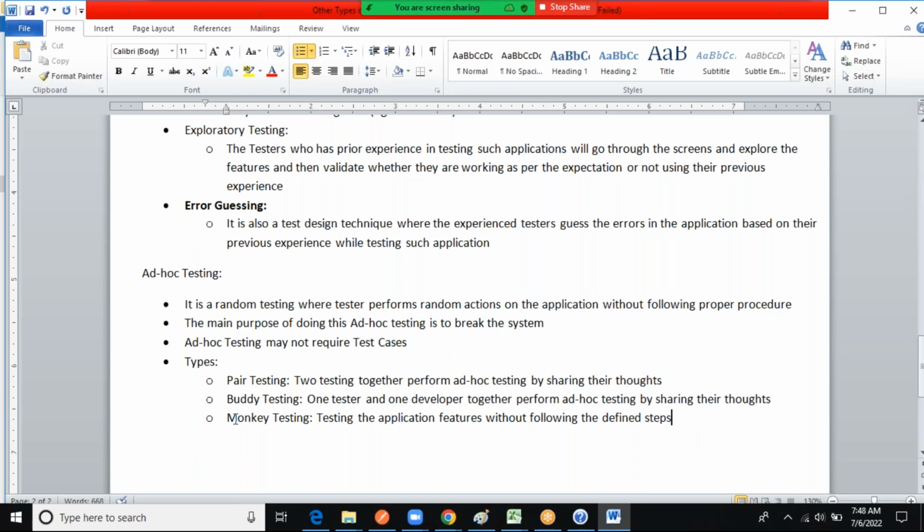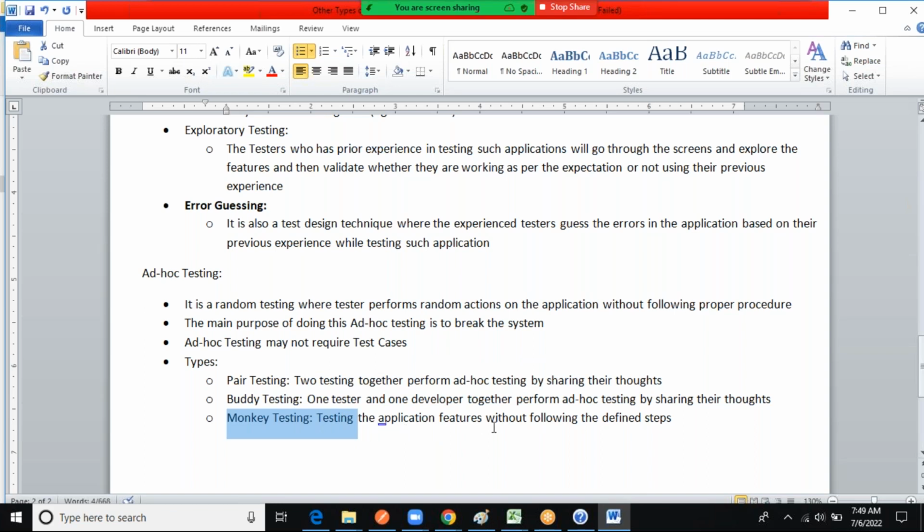Okay, this is similar to the ad hoc definition only, but it is not required to have one person or two or three people. It can be in any of these ad hoc testing types. You can follow this one. That's the definition as well.